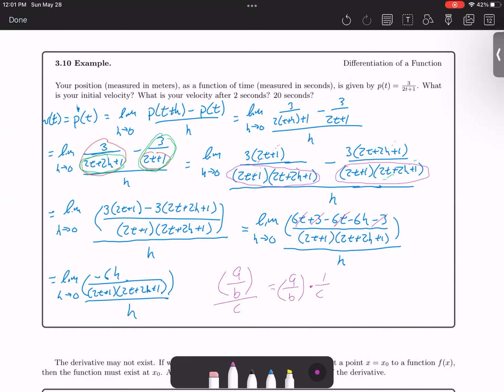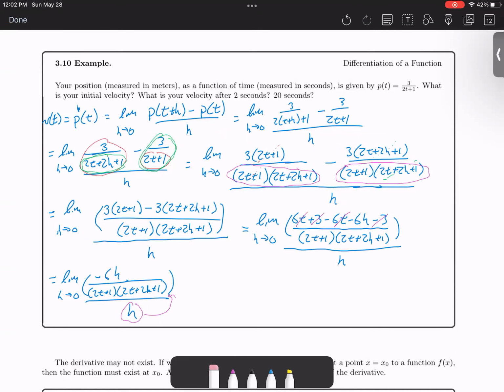Taking a and dividing it by 4 is the same thing as taking a and multiplying it by 1/4. So effectively, you're really taking a and dividing it by b, and then dividing it by c again. So I can really just bring this h into my denominator.